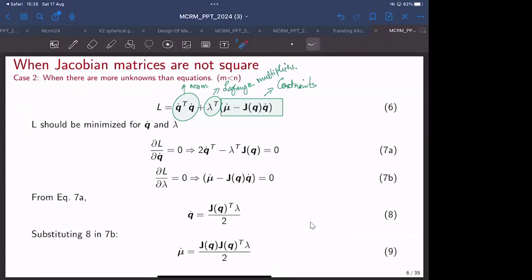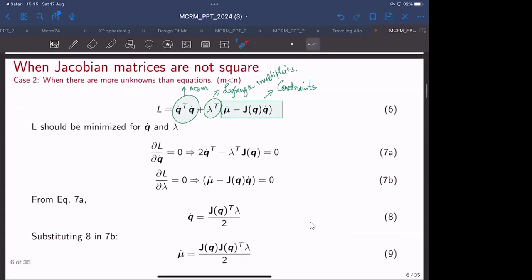This is similar to the weights that you would attach to each of these constraints. So depending on which constraint is more important, you can give more weight to that specific constraint using this Lagrange multiplier. So now you have two unknowns. Your objective is to find the q dot which has the minimum norm, so you have to minimize this objective function with respect to two variables.